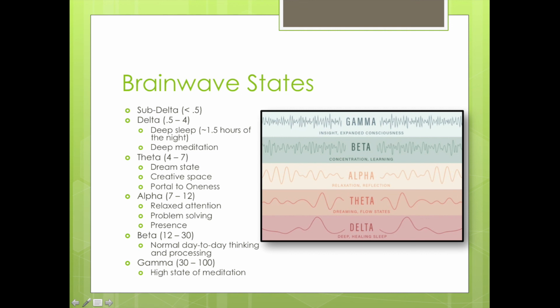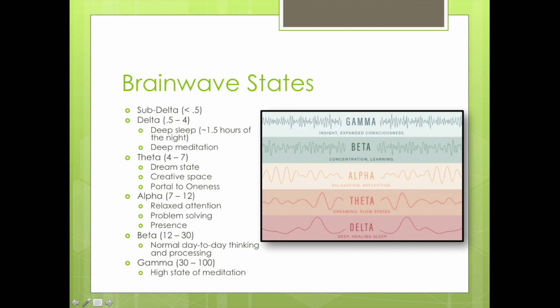And here we are dealing with relaxed attention, problem solving, presence. This state is more dominant when we are experiencing quietly flowing thoughts. So when we are able to occupy the power of the now moment, it aids in mental coordination, alertness, and mind-body integration.